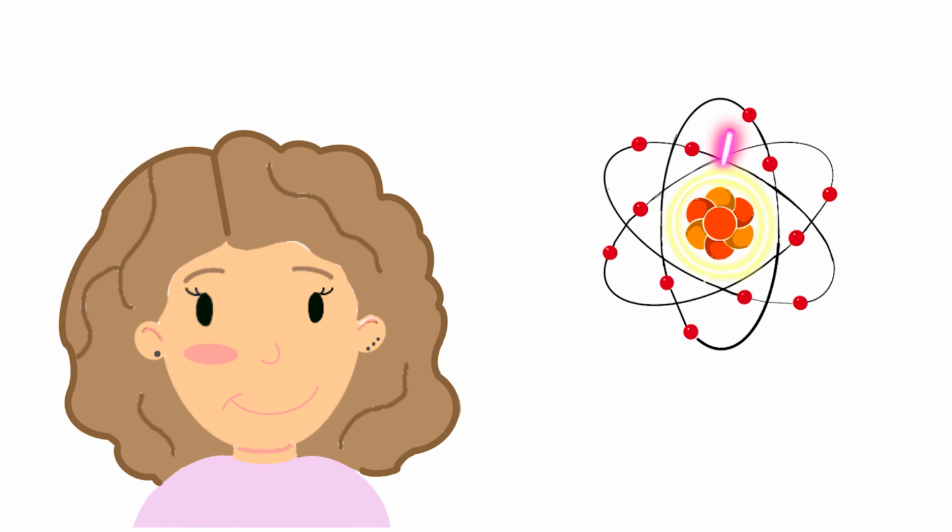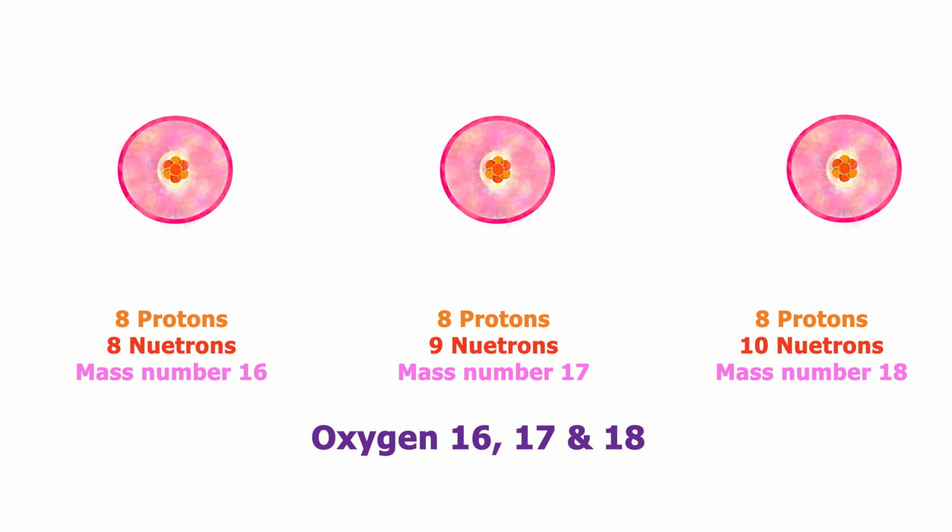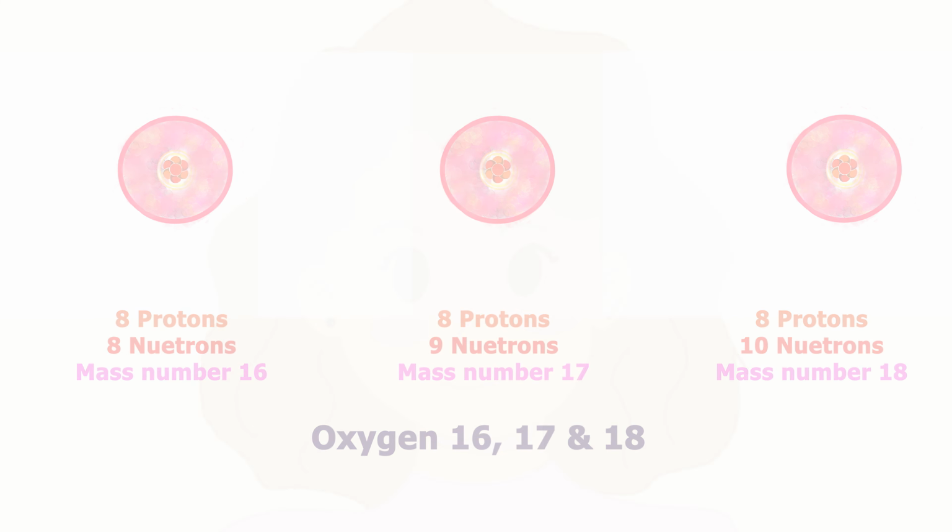The number of protons in an atom is known as the atomic number, determining the element. Within an element, the number of neutrons can vary, creating different isotopes. These isotopes have similar chemical properties, but can differ in mass, affecting how quickly they react.